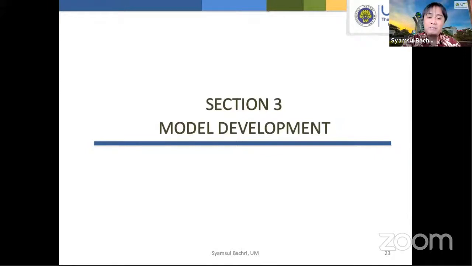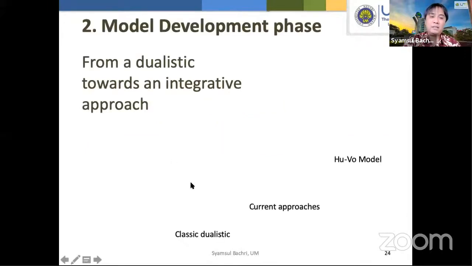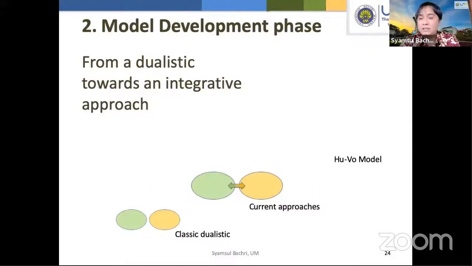In the model development, I bring the current concept of what I thought at that time. The model developed from the classic dualistic, usually this one, where physicals and society are really separated at that time.